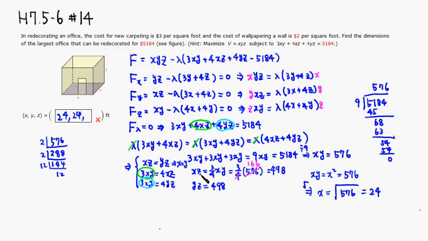So z is equal to, from here, 498 divided by x, and x is 24. Let's see, that's going to be 48. Okay, maybe I have to do it this way. I'm getting stuck here. So is this going to divide evenly? Maybe not.